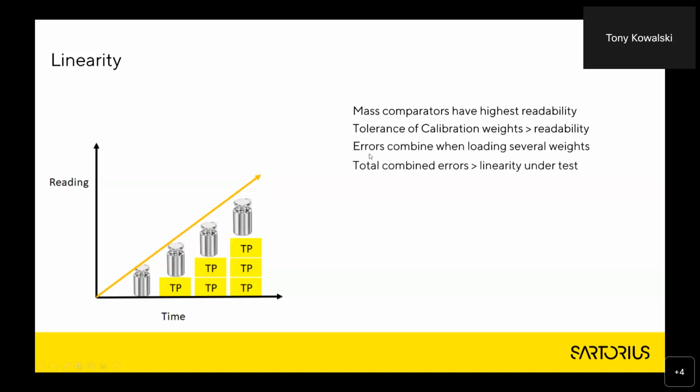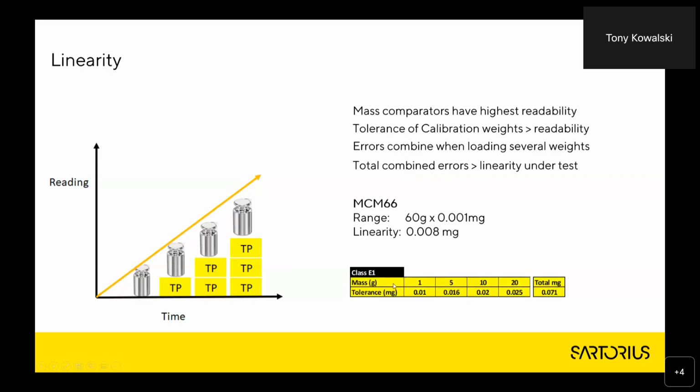So yes, the errors, if we put 2 weights, 3 weights, 4 weights, the total errors would combine, and the total combined errors would be greater than the value we're looking for in the linearity test. So on this model, at 60 grams by 6 decimal places, or 0.001 milligram, the error we're looking for at any point on the curve is 0.008 milligram.